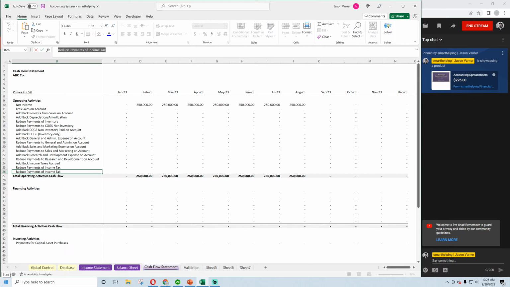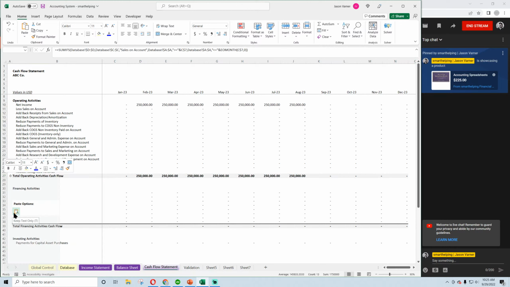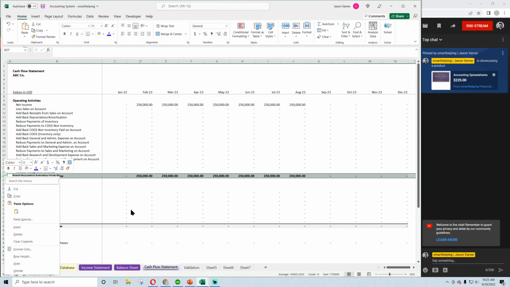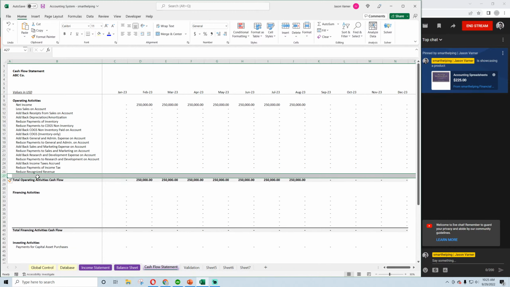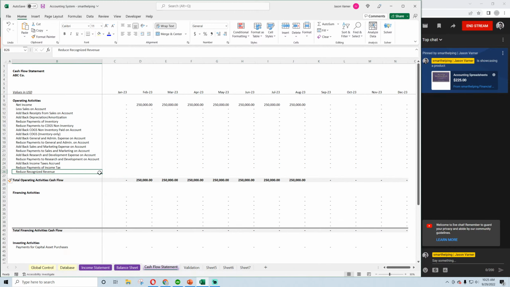We're going to put, let's see, reduce recognized revenue, and we actually say increase here, add deferred revenue, because we actually collect the cash when it is entered as deferred.